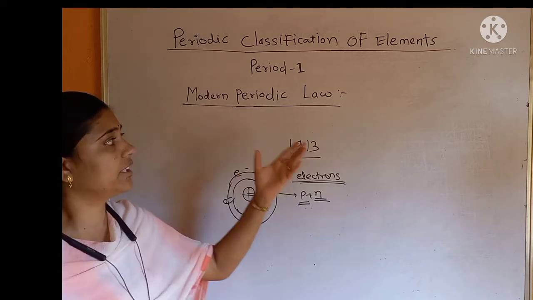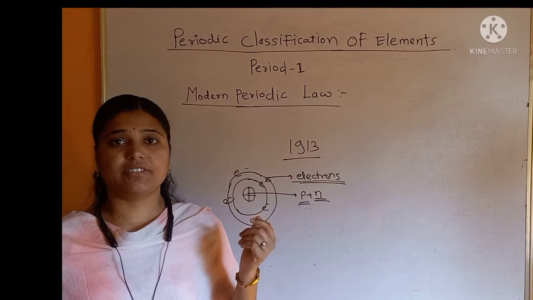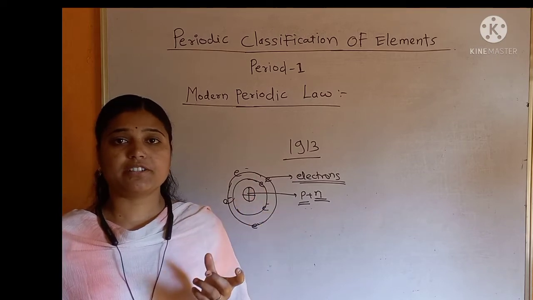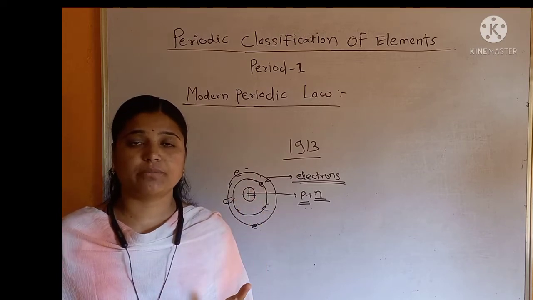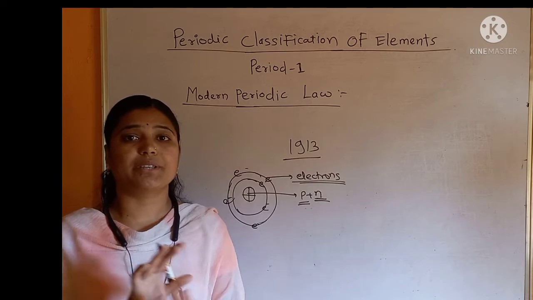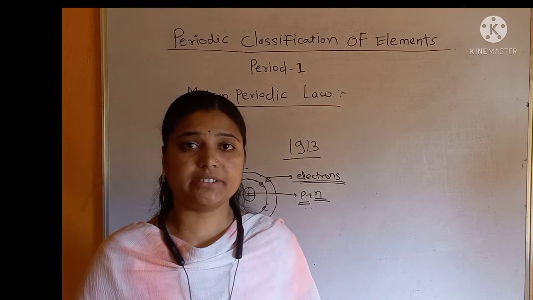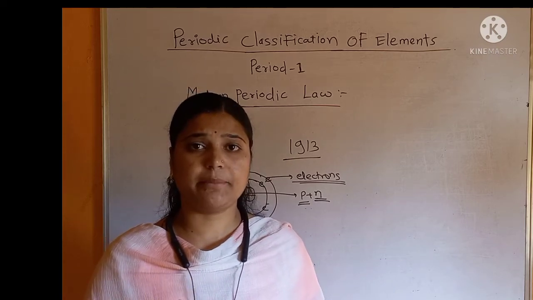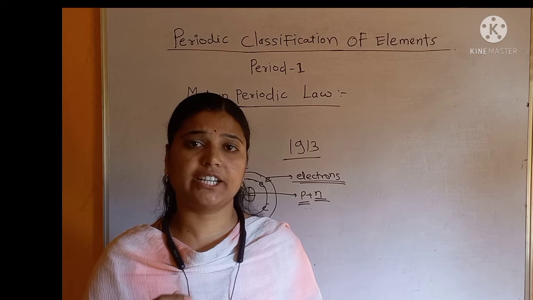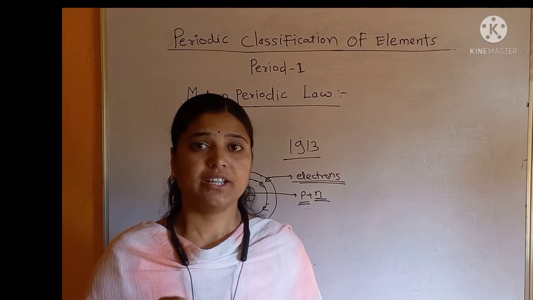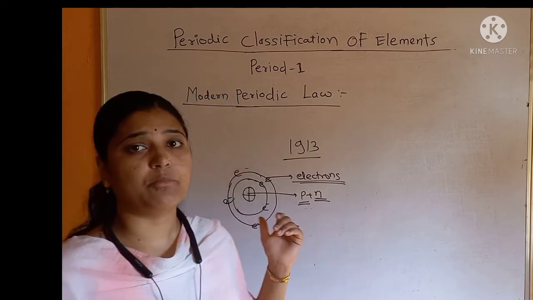In the modern periodic law, the statement given is that the properties of elements are the periodic functions of their atomic number, not atomic mass number. Because the properties of an element can be described and predicted very accurately with the help of atomic number, it is also called the modern periodic table.